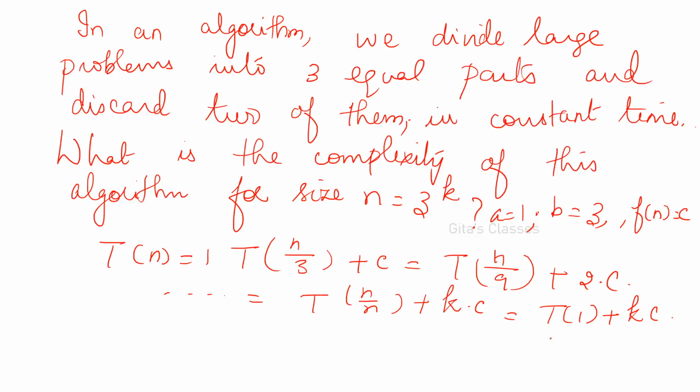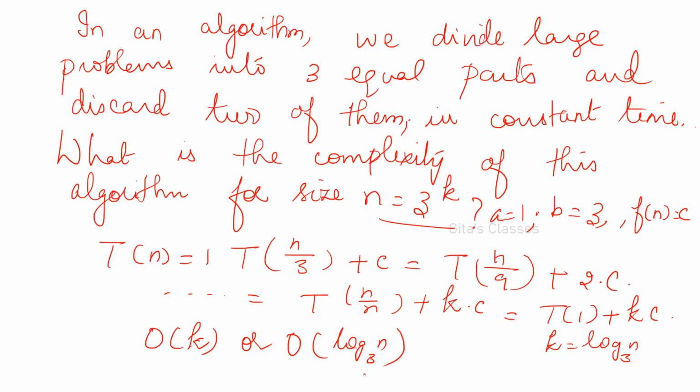Where k is equal to log n base 3 because we have taken n is equal to 3 to the k. Therefore, what is the complexity now? O of k, or you can say O of log n base 3.